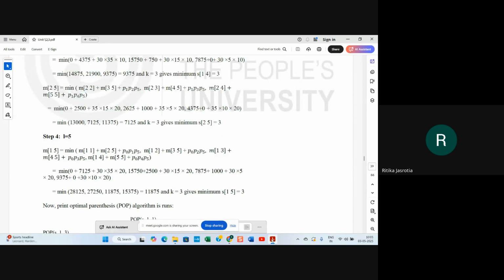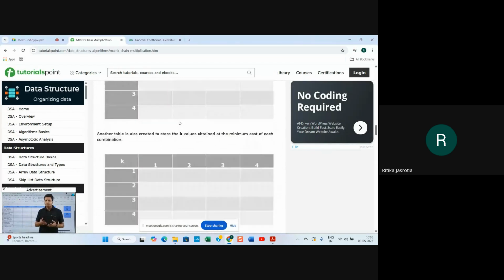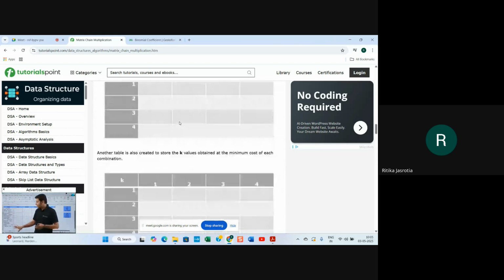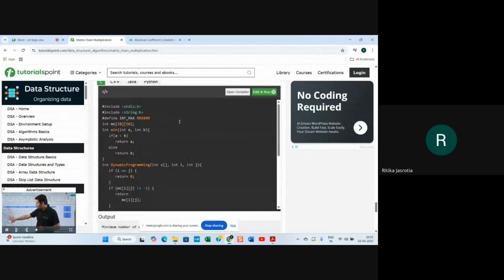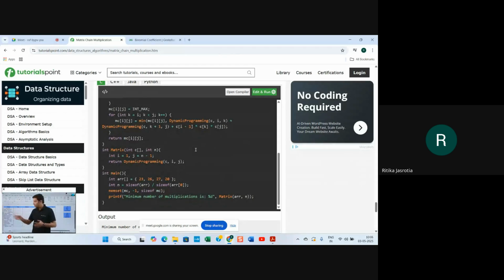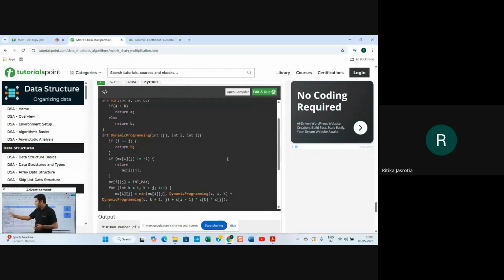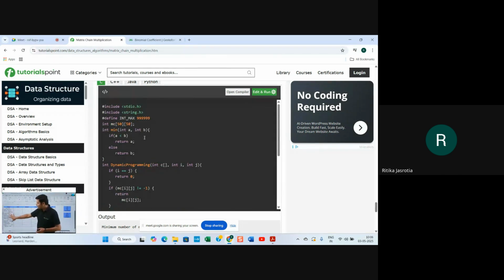So this is the way they have found out the solution to a matrix multiplication problem. And they have also given the program in C, so we'll do that in the practical session. This is the program they have given.